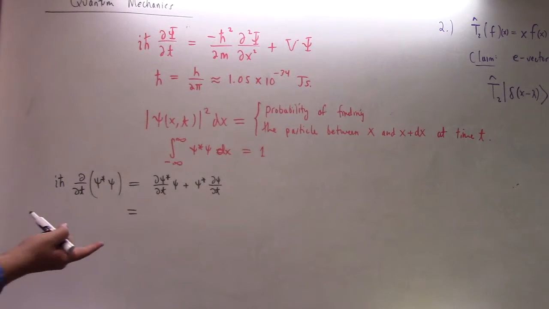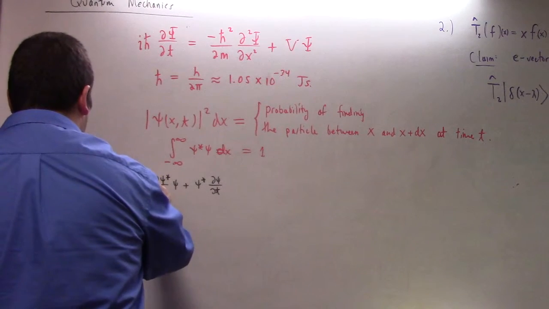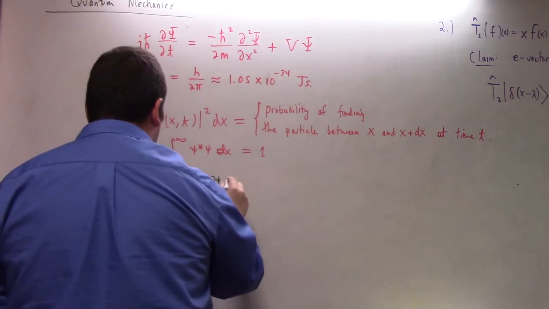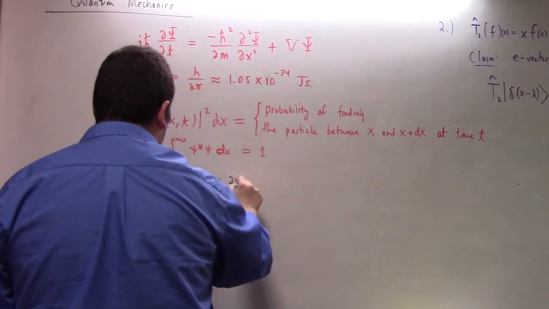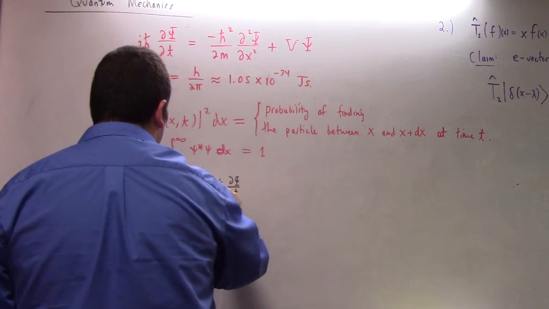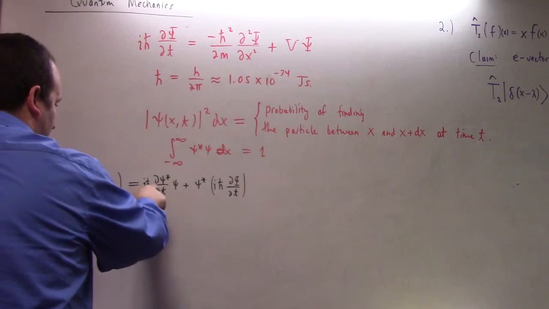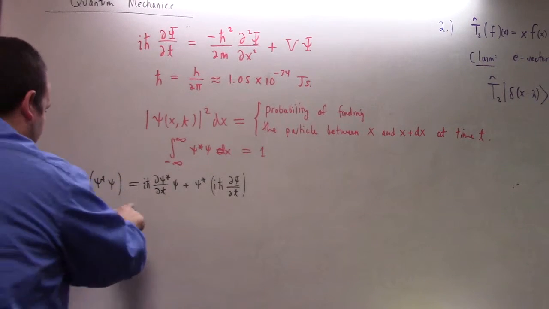It'd be so much nicer to multiply this by i h bar. See why I did that? It's not quite what I want over here because I need the i h bar inside the conjugation. So to bring the i h bar inside the conjugation, that costs me a minus.